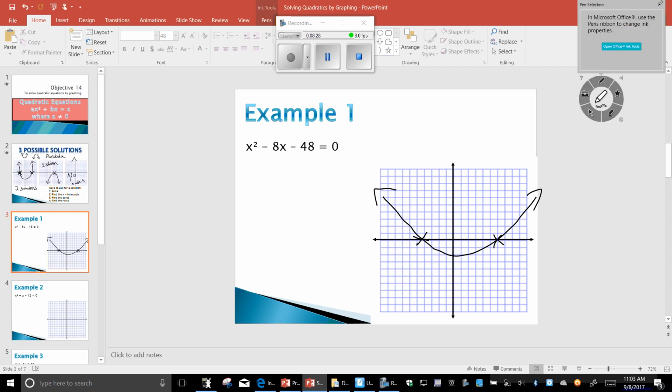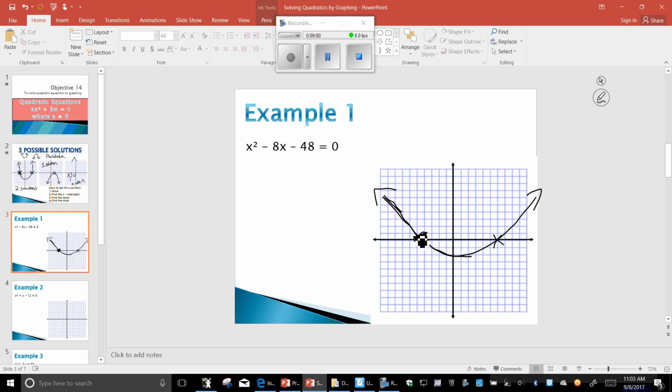So if I go to this first one over here on the left, the calculator is going to give you some instructions. It's going to first say go left bound. Okay, so if you were bound in a direction, that means you were heading in that direction. So if I was on this point right here and I was heading to the left, my question is, and I imagine my parabola like a train track, so you're going to have to stay on the track.